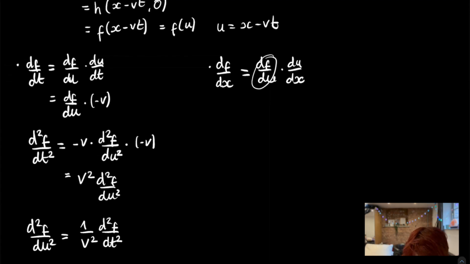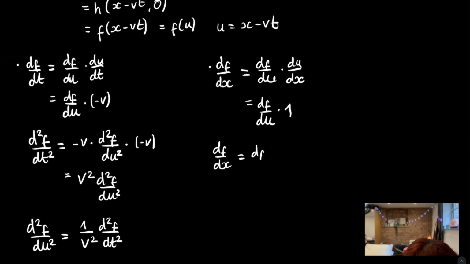So df by du we don't really know, so we'll just leave that as it is. And du by dx is just, well, that's just 1, because of course this part isn't a function of x, and this, when you differentiate, is just going to be equal to 1. So that's just going to be 1. So we get that df by dx is just exactly the same as df by du right here.